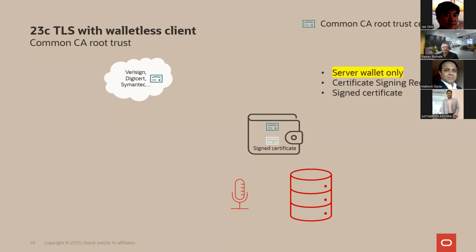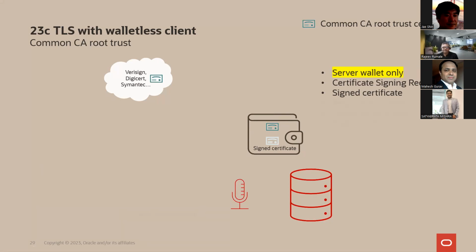We can put it on the server side, and we can create a client wallet also. Once we have a signed certificate, we can use it for both database side encryption as well as for the listener side, so there is no need for a separate one. You have the option to use separate ones, but basically it's not needed.